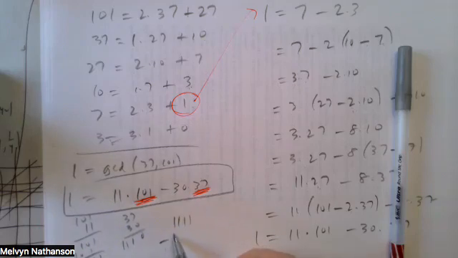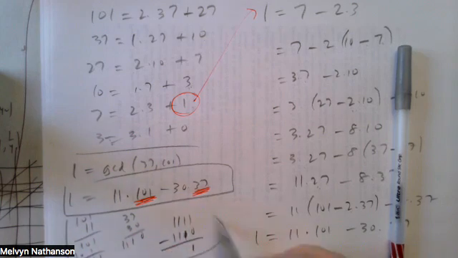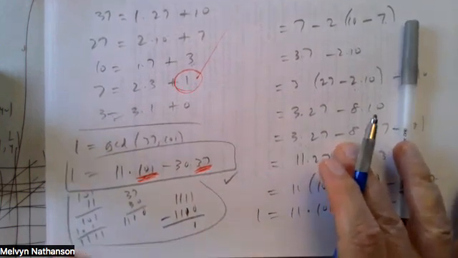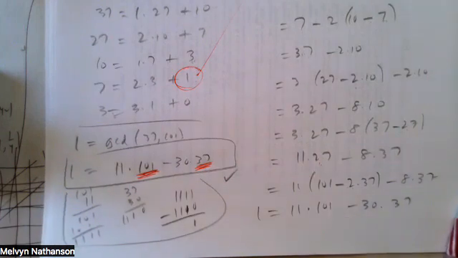And 1111 minus 1110 is 1. So this checks. This is correct. Right? So 1 is this integral linear combination of 101 and 37. That's kind of cute.